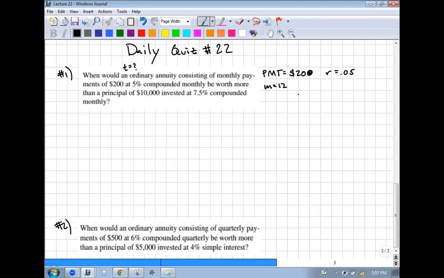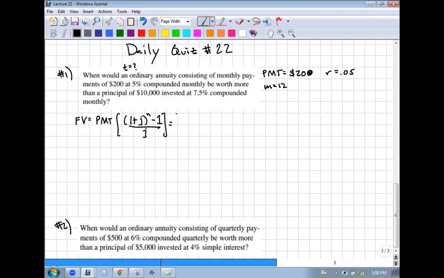So we have two different investments here. We have a regular one that's just compounded monthly, and we have an annuity compounded monthly. So we're trying to figure out what's better, to put in money all at once or make the payments, right? For the first one, our future value is PMT times (1 plus I to the n minus 1) over I, right?